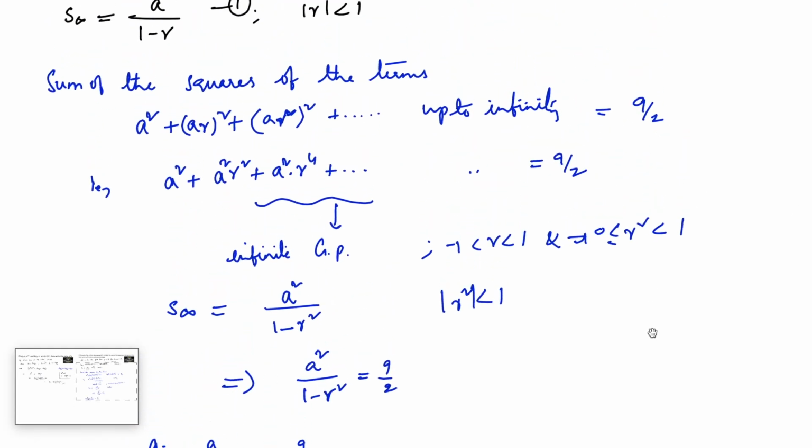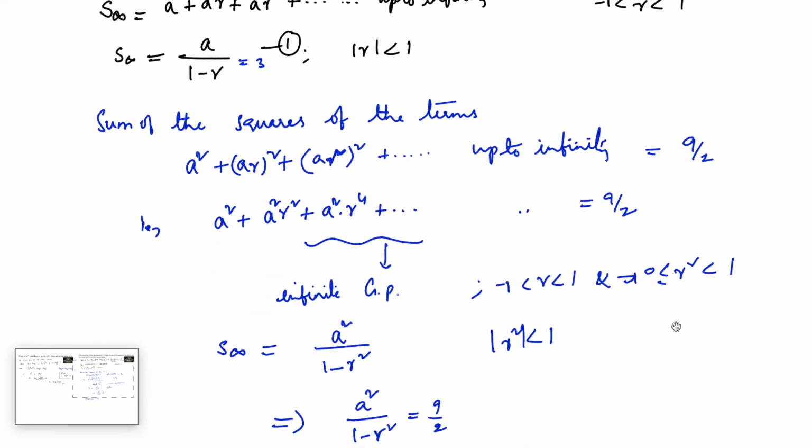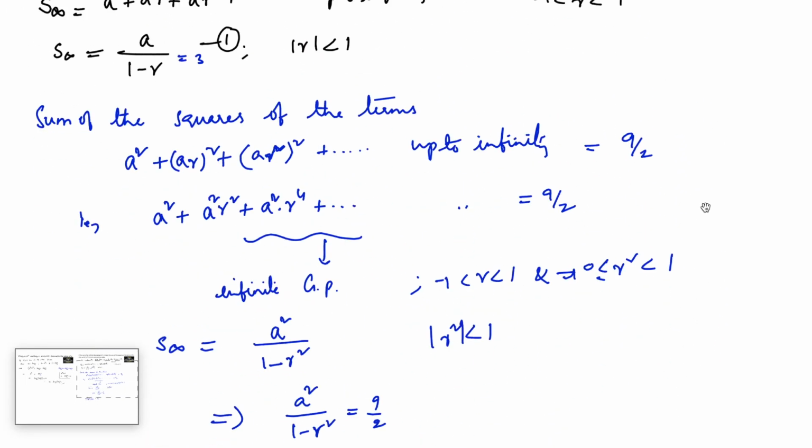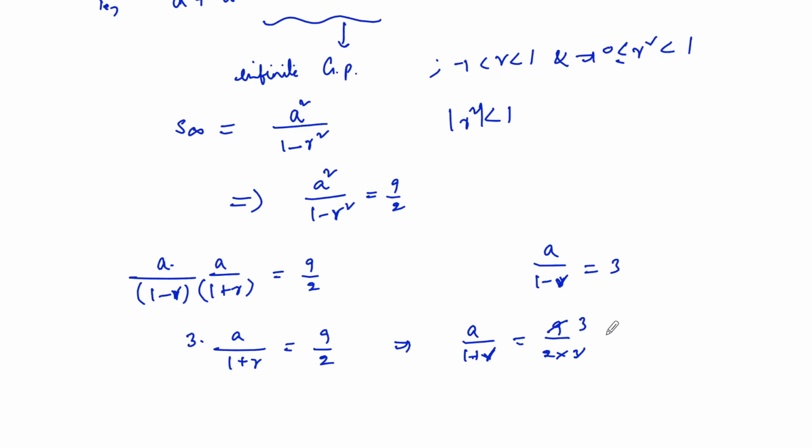Since A upon 1 minus R, the sum of the infinite decreasing GP, is given as 3, from the first one, A upon 1 minus R is equal to 3, so let us substitute here: 3 times A upon 1 plus R is equal to 9/2, or A upon 1 plus R is equal to 9/2 divided by 3, which is 3/2.